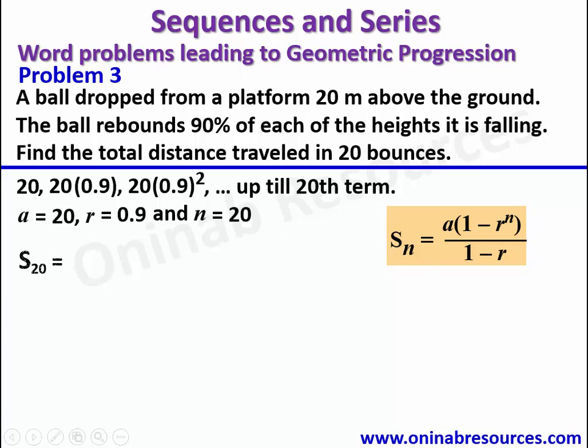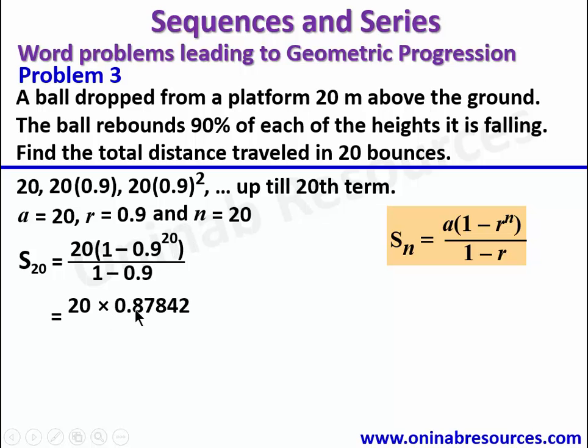So our S20 will be A, which is 20 into 1 minus 0.9 raised to the power 20 over 1 minus 0.9. This is going to be 20 times 1 minus 0.9 raised to the power 20 from our calculator gives 0.87842 to 5 decimal places.